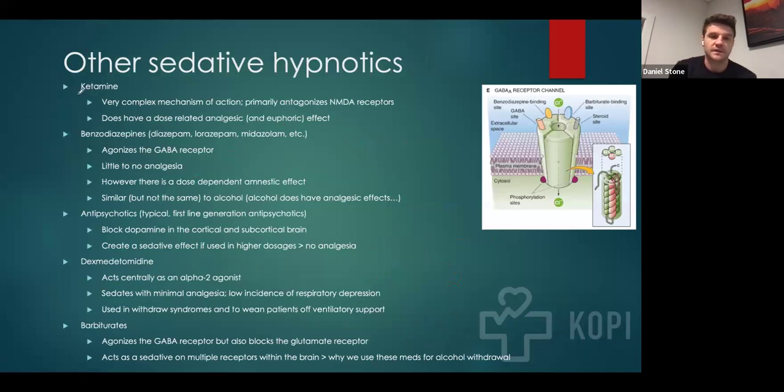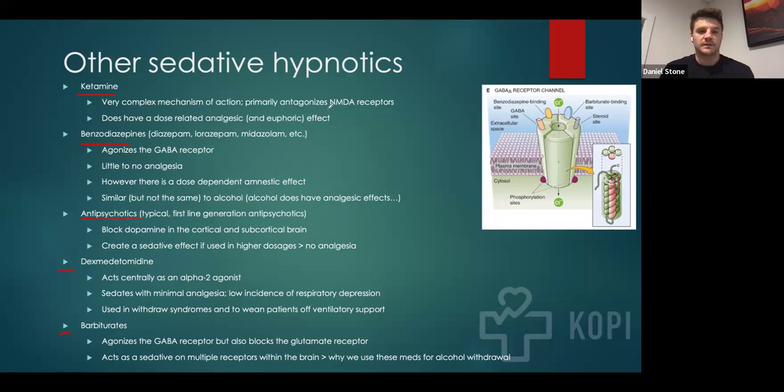This is just a discussion regarding other sedating medications. Ketamine and benzos are probably the most important ones. A couple of times I've seen antipsychotics used. I've never seen this medication used before in Tanzania. And barbiturates are relatively rare, but they're gaining a lot more traction, specifically for treatment of alcohol withdrawal. Most of these medications can carry some degree of analgesia.